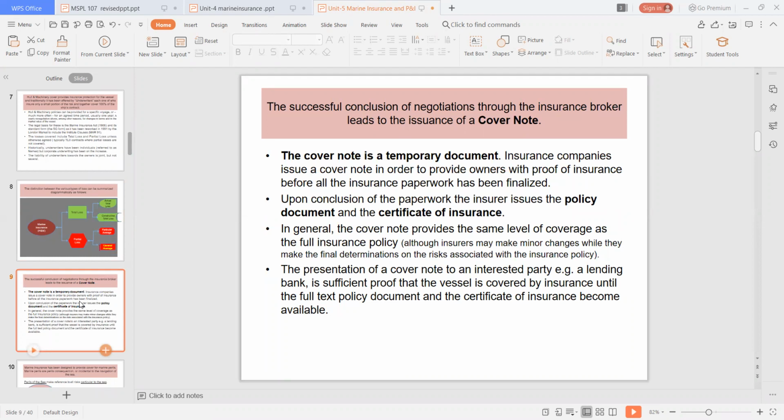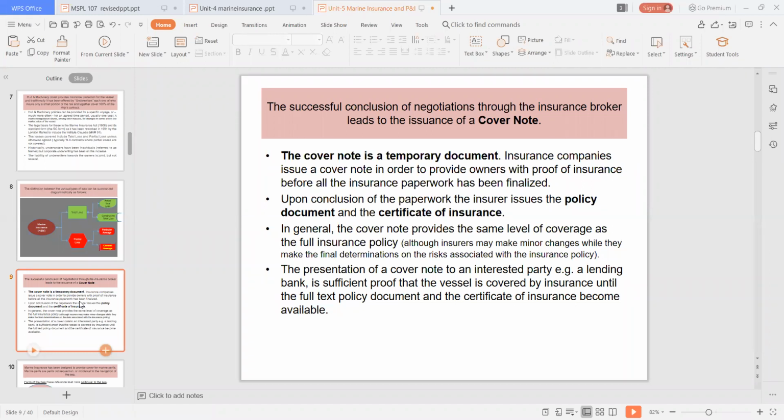The successful conclusion of negotiations through the insurance broker leads to the issuance of a cover note. The cover note is a temporary document. Insurance companies issue a cover note in order to provide owners with proof of insurance before all the insurance paperwork has been finalized. Upon conclusion of the paperwork, the insurer issues the policy document and the certificate of insurance.